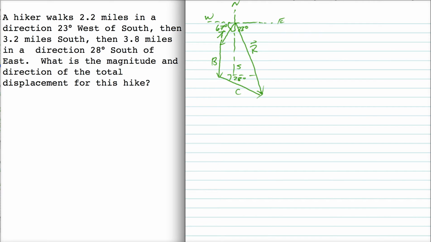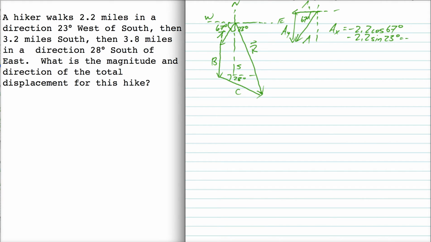Alright, let's start with vector A. We'll break down vector A here. So again, vector A here makes an angle of 67 degrees with the negative x-axis. I'm going to break that down to x and y components. And Ax is negative 2.2 cosine 67, or if you prefer, negative 2.2 sine 23.